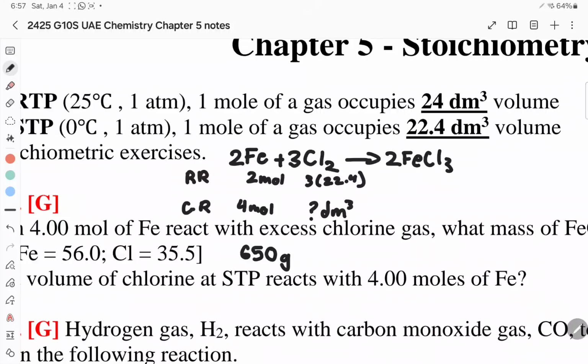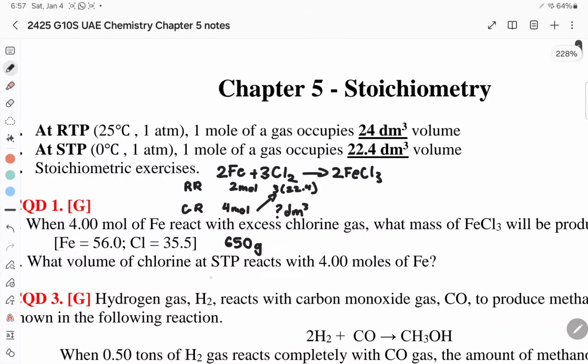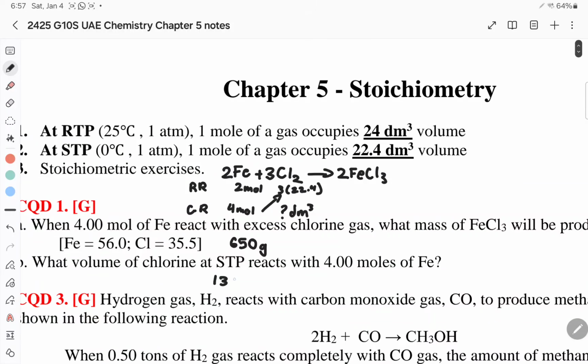So 4 times 3 times 22.4, you multiply this by this, then you divide it by 2. And when you divide it by 2, you're going to get 134.4 decimeter cubed.